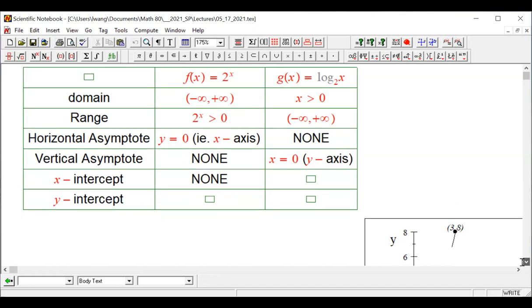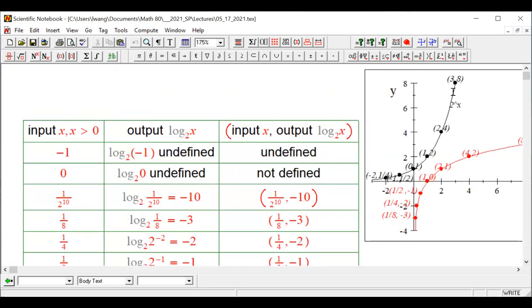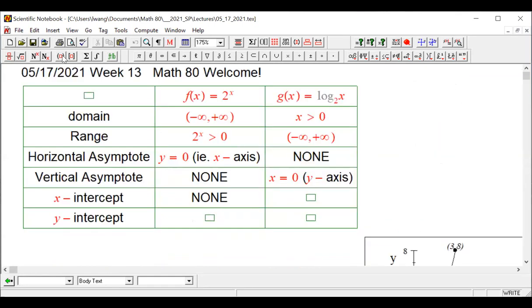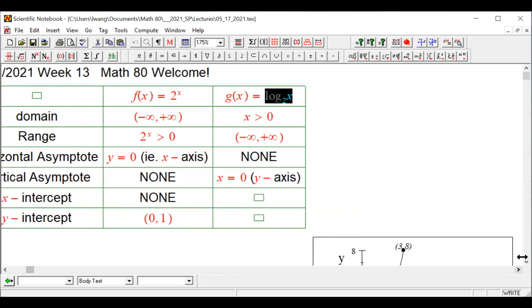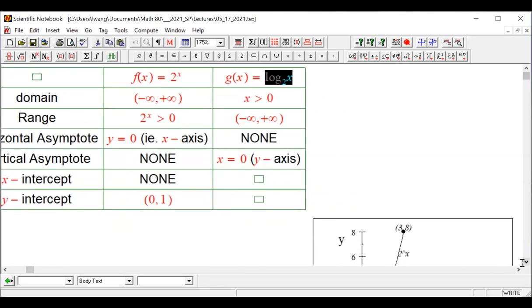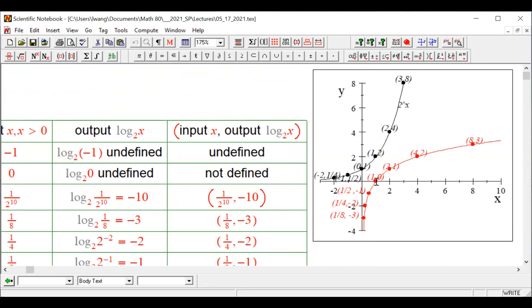Let's see, does it have a y-intercept? Yes, you can see the black curve, which is 2 to the power x, does cross the y-axis, and the point of intersection is (0, 1). So let's look at log base 2 of x.